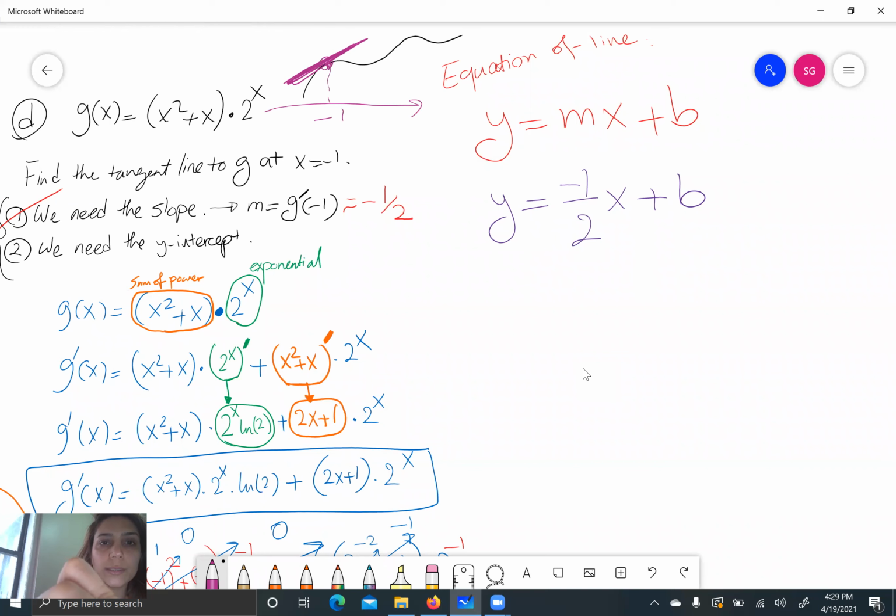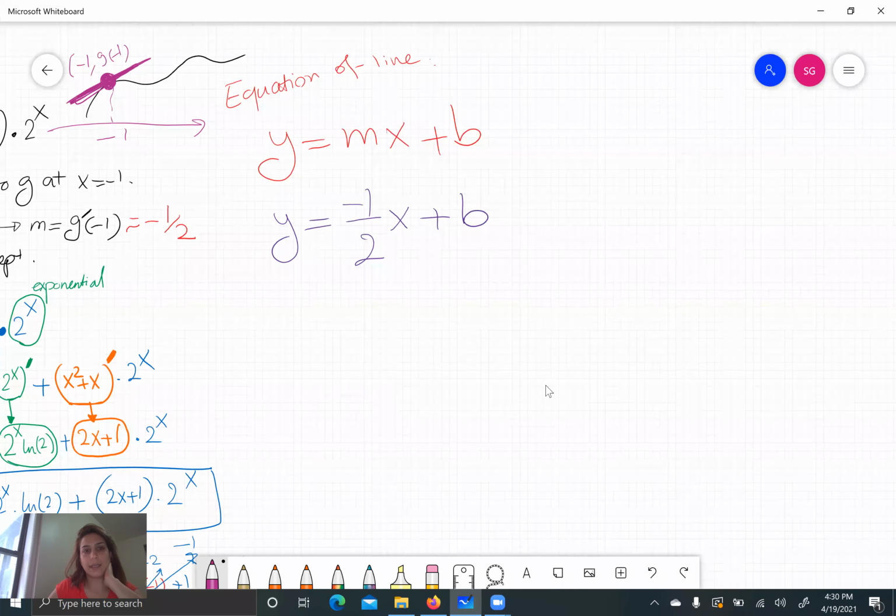This point, the intersection, which has the x value of negative 1 and the y value g of negative 1, belongs to both of them. This point belongs to the graph of the function and belongs to the tangent line. It's the intersection point. So definitely negative 1 and g of negative 1 is a point that satisfies the equation of the line. So you can use that.